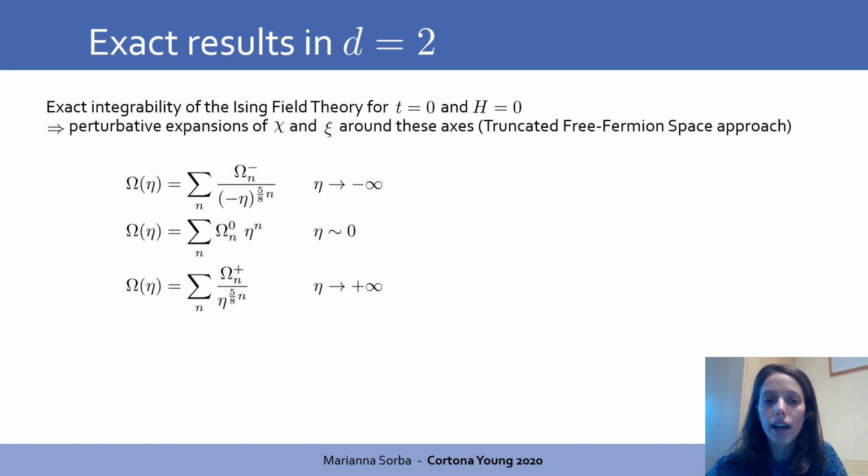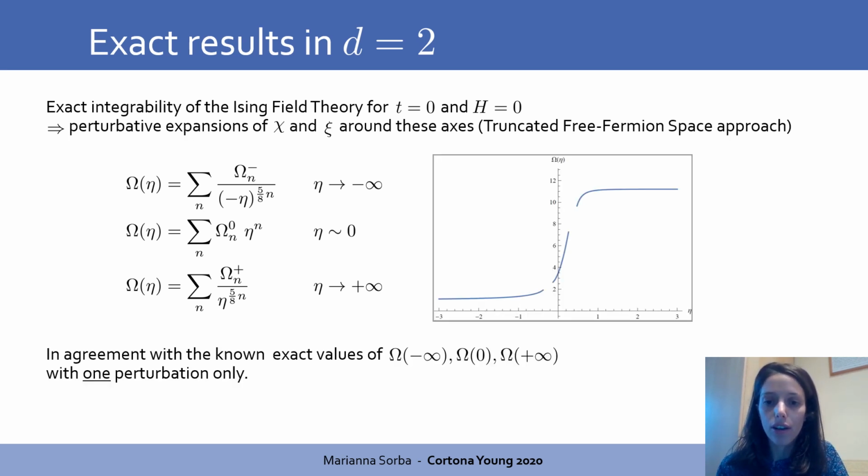Doing so, we end up with these expansions for our function omega. And here we have the corresponding plot. Again, the 3 values at eta equal to plus, minus, infinite and 0 correspond to the exactly known values of omega when only one perturbation is present.